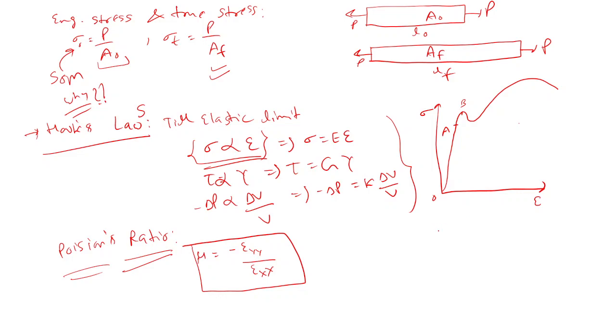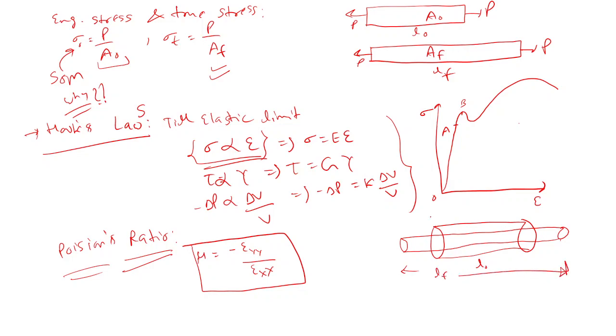For example, let's suppose this is the initial condition, and when we apply load, it becomes like this. This is L naught, and this is LF, and this is D naught, and this is DF.